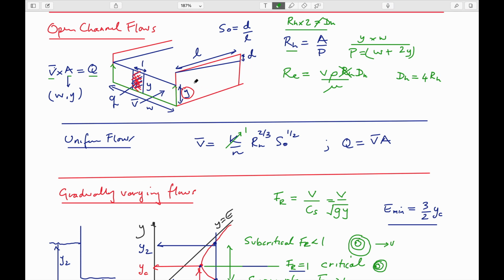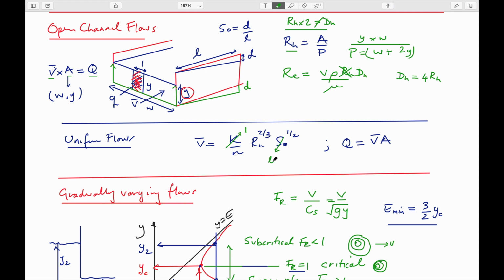The flow doesn't slope, but the bed slopes at the base here. The bed slope is equal to the drop divided by the length over which it occurs, and so this is the slope that we use in this particular case.